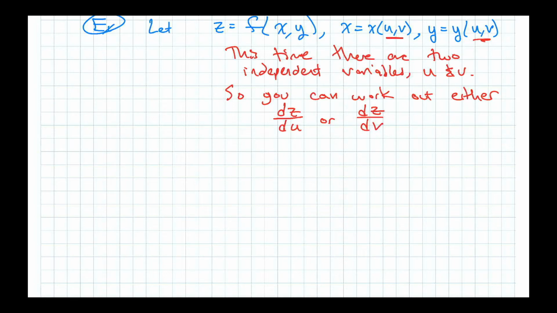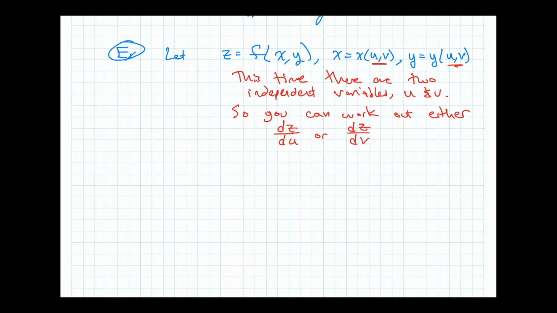Both of those could be worked out. Okay? And so if I say this is what we got, probably the problem asks you for both. So like we would say find the formulas for dz/du and dz/dv. So there's two of them that you could find now because it's not just a t, this time there's a u and a v.